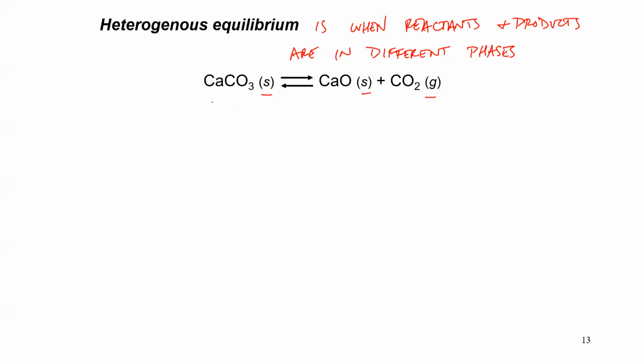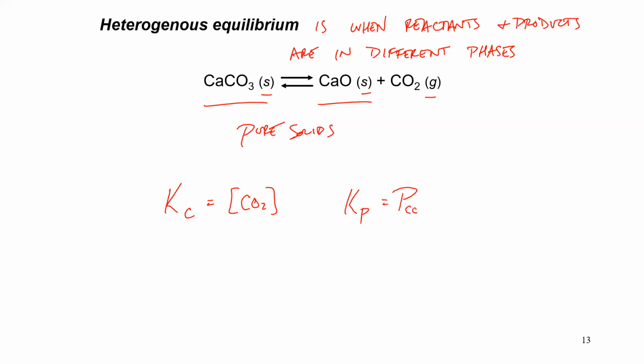And so, well, we have a pure solid here and a pure solid here. And so our Kc is just equal to the concentration of CO2. And our Kp is just equal to the pressure of CO2.